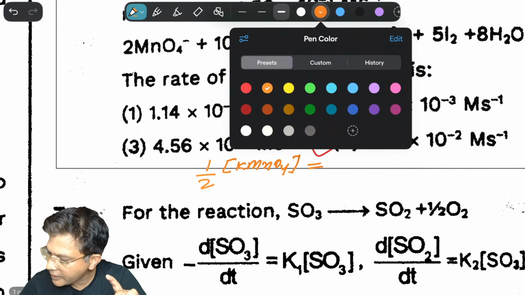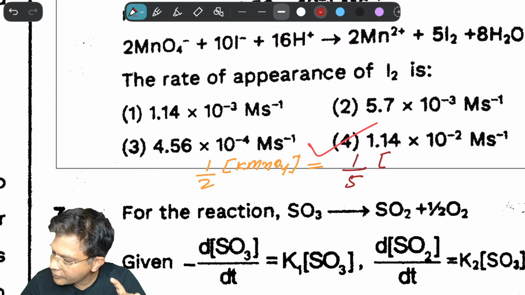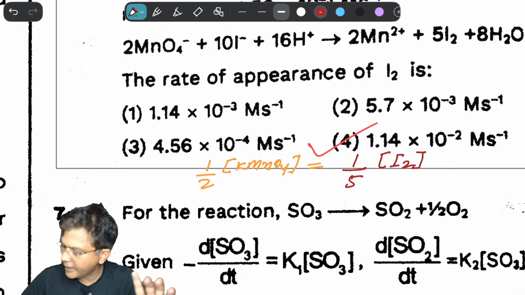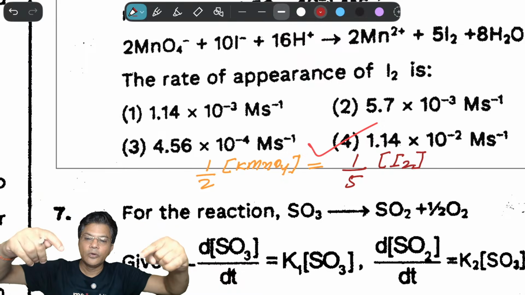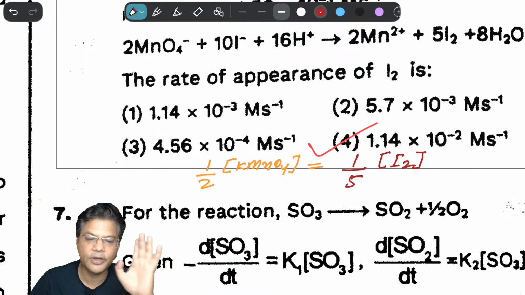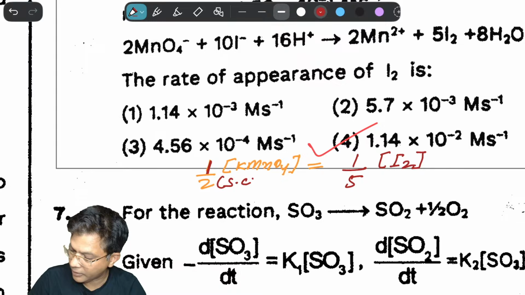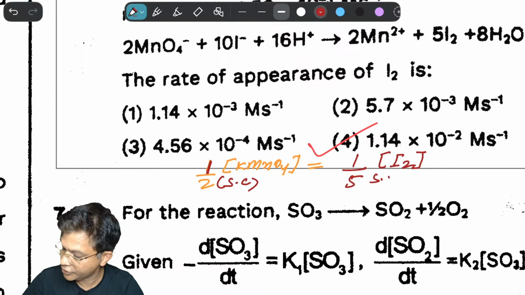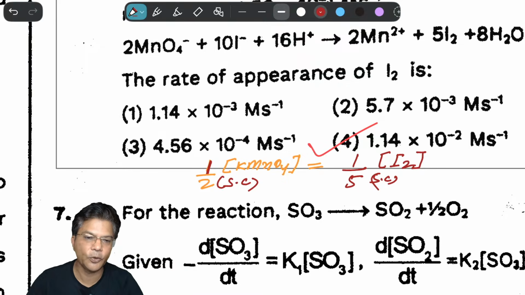So I will say 1 by 5 into concentration of I2, right? Can I write like this? Now the theory is stoichiometric coefficient will come down, right? Are you getting my point?